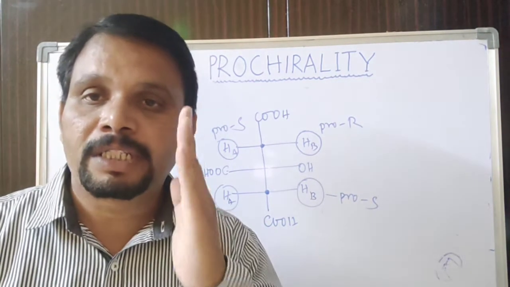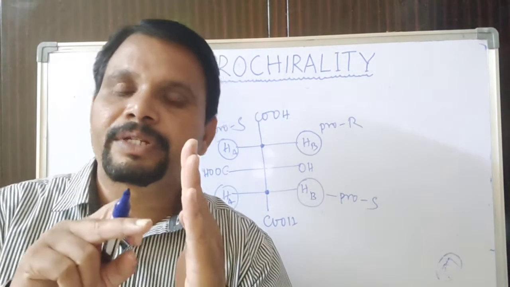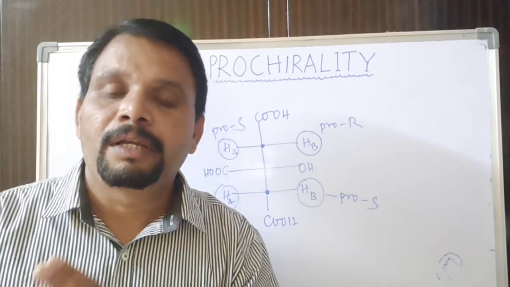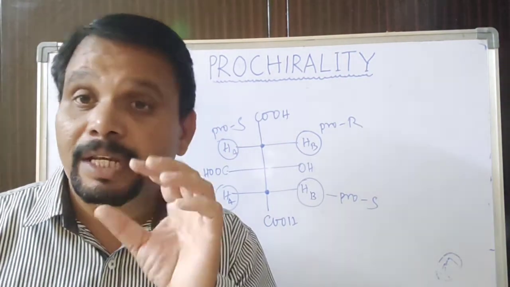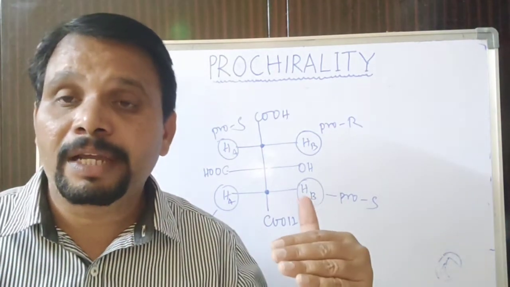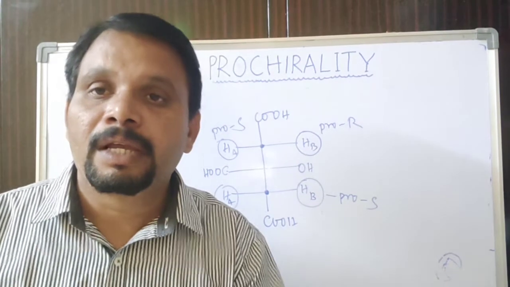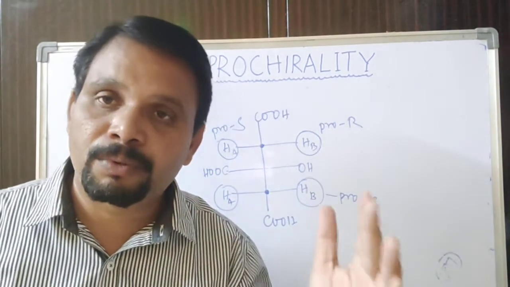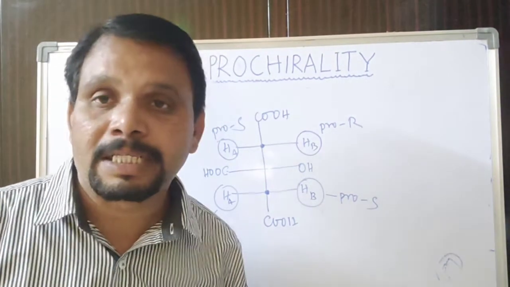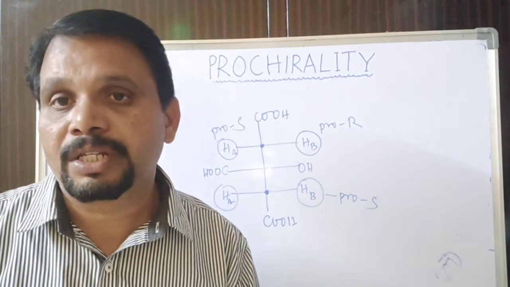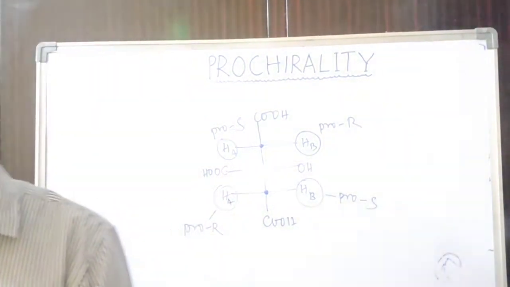If it is vertical line and clockwise rotation, it is pro R. If anti-clockwise, it is pro S. If the least priority group is in horizontal line and clockwise, then it is pro S. If anti-clockwise, it is pro R. You need to take care to assign notations for stereoheterotopic units.